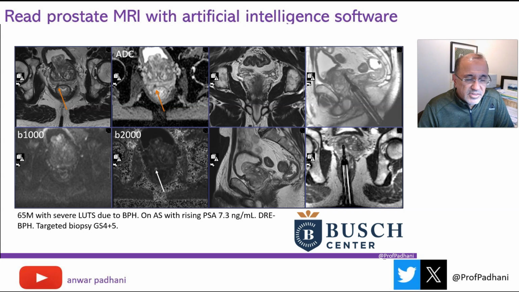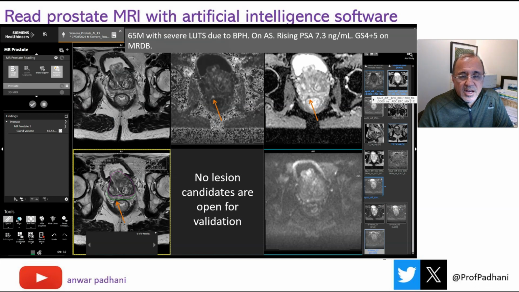66-year-old man, severe LUTS, on active surveillance, but has a small focal lesion here, adjacent to the prostatic capsule. This lesion was biopsied, and the targeted biopsies showed Gleason score 4+5. So in other words, a very high-grade focus. The AI completely misses that. Can you see that?